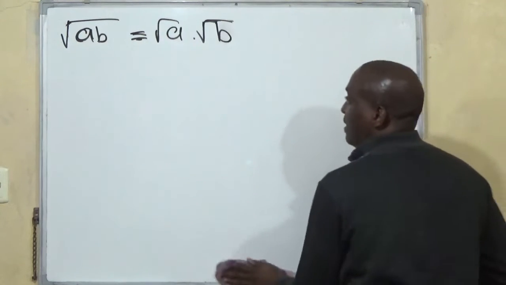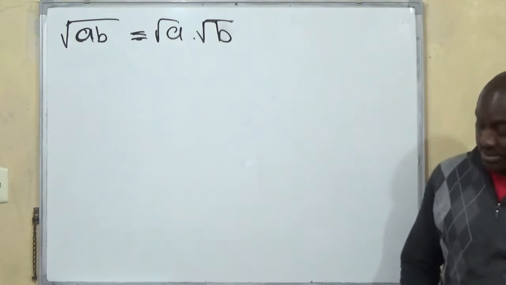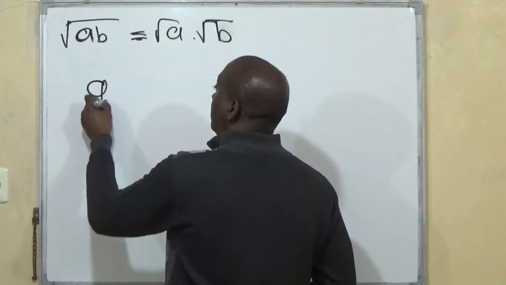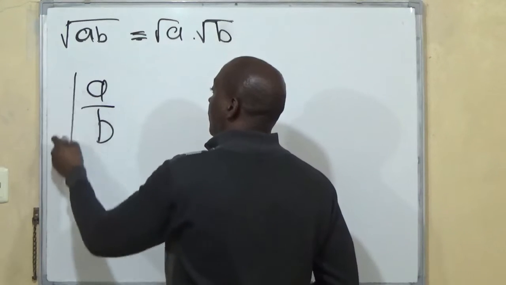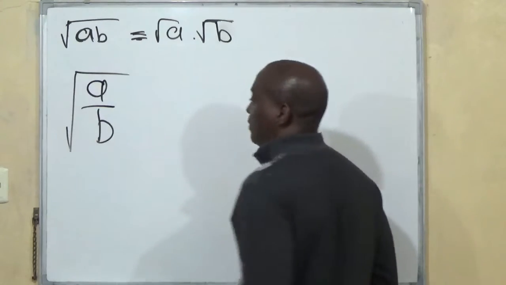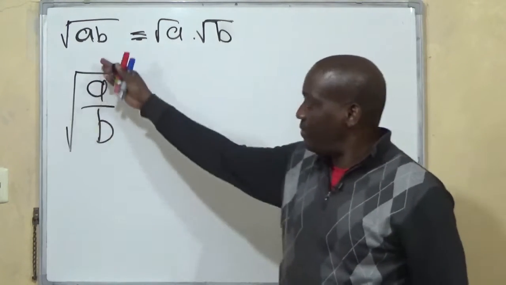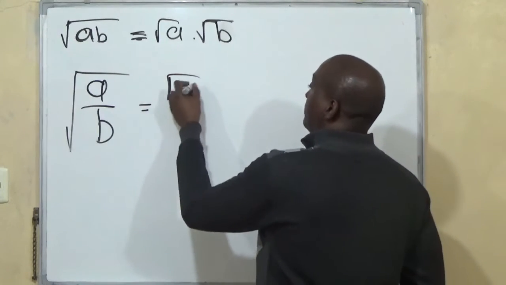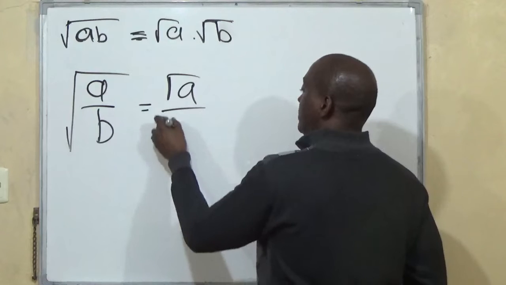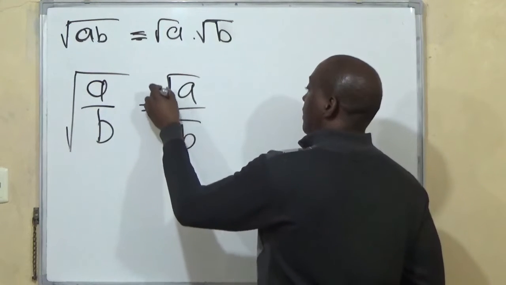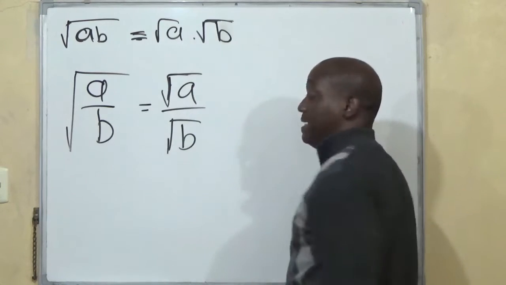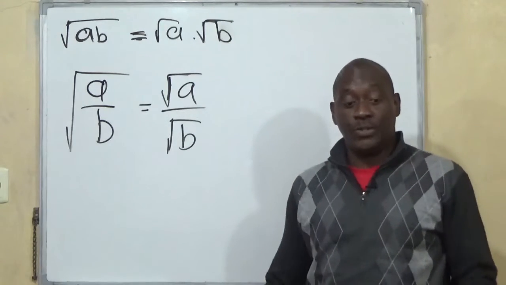So in rule number 12 we are simply saying that A over B all under a square root sign, which is to say the square root of A over B, is the same thing as the square root of A over the square root of B. And that's it.